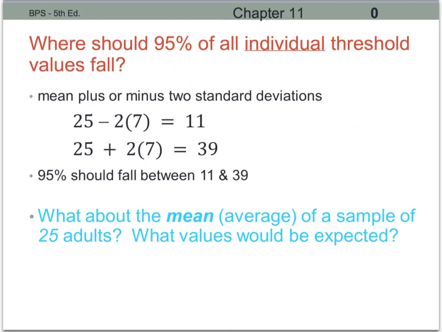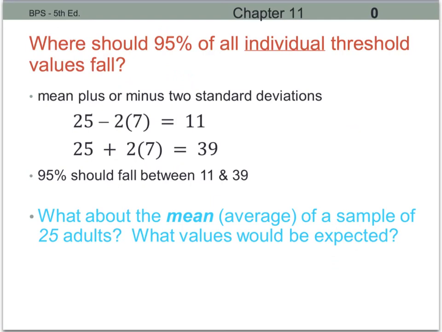Well, then we would expect, by the 68-95-99.7 rule of the normal distribution, that 95% of individual thresholds are going to fall plus or minus 2 standard deviations from the mean. If we do the math on that, plus 2 standard deviations would give us 39, and minus 2 standard deviations would give us 11.